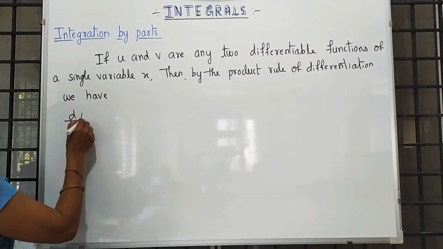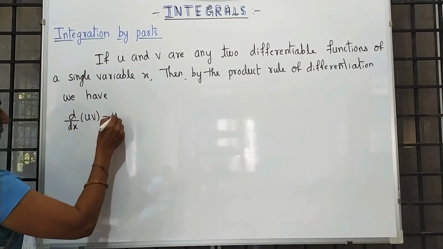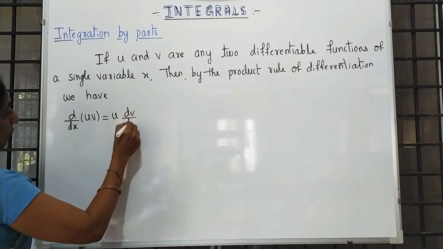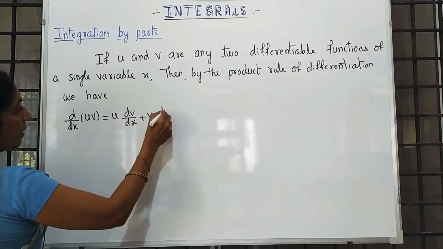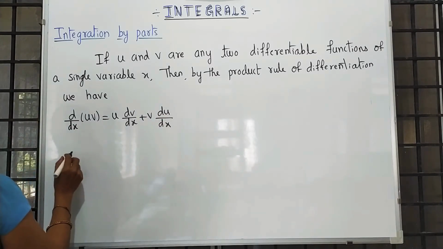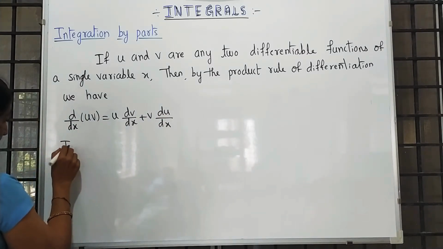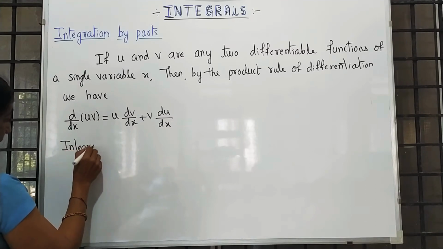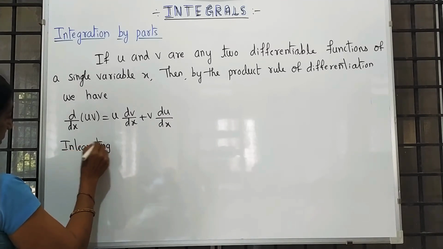See, already we are familiar with how we write it. Differentiation of u into v is u into differentiation of v plus v into differentiation of u. Before rearranging, first integrate both the sides with respect to x.